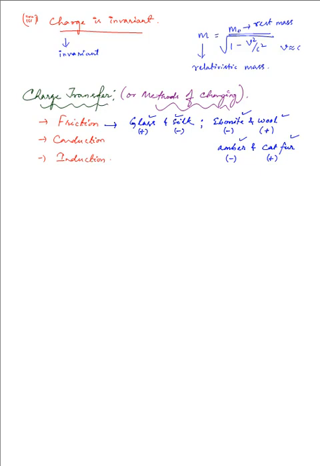Then comes the case of conduction. Now, in conduction, there is mutual contact by a conducting material, or probably between two conductors. So if we have a conducting material connected to two objects, and one of them is charged and the other is neutral, let's take the case that we are charging this object.